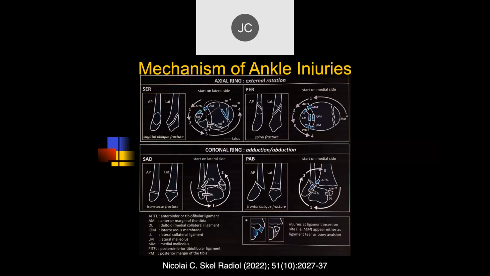You get an oblique fracture of the medial malleolus and a transverse fracture involving the distal fibula. And then you have the pronated fractures where you can get an oblique fracture of the distal fibula, and then often displacement and a transverse avulsion fracture involving the medial malleolus.